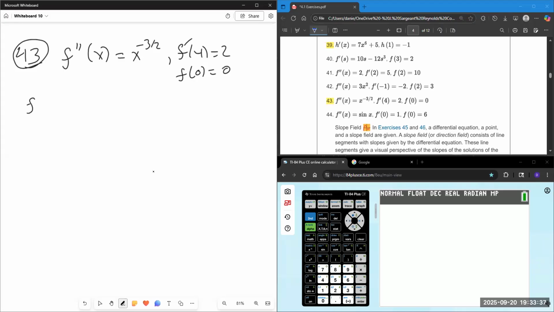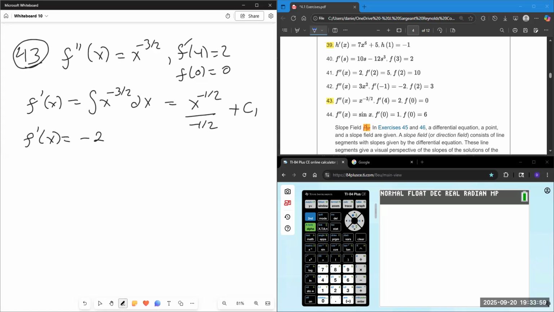So going back to the first derivative from the second derivative, that's the integral of x to the negative 3/2 dx, which will be x to the negative 1/2 divided by negative 1/2 plus, and I'll call this C1. So f prime of x will be equal to negative 2x to the negative 1/2 plus C1.